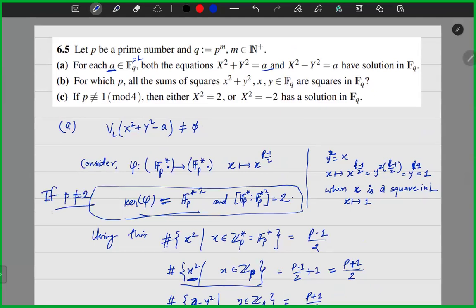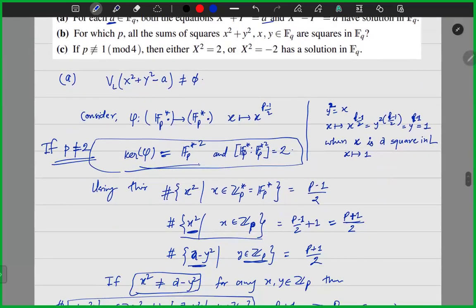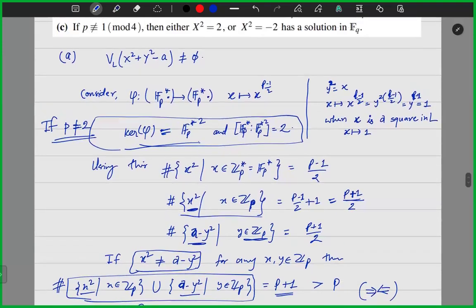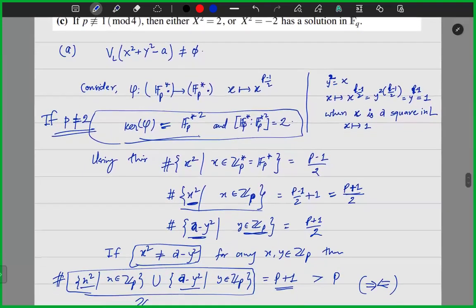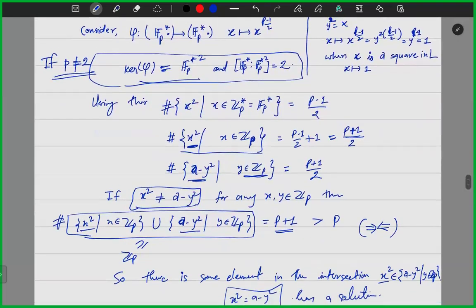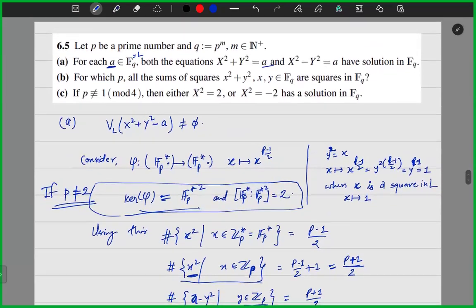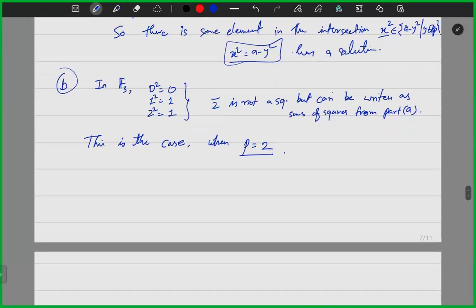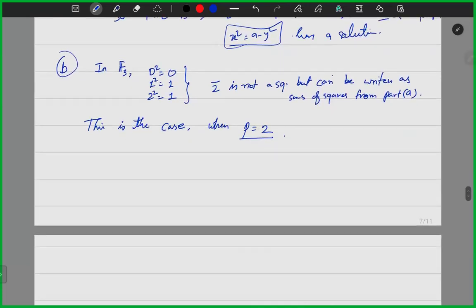So p equal to 2 is a different case, and that can be solved. This problem A can be solved for p equal to 2 in a different manner. So when p is equal to 2, is every element a square? How?